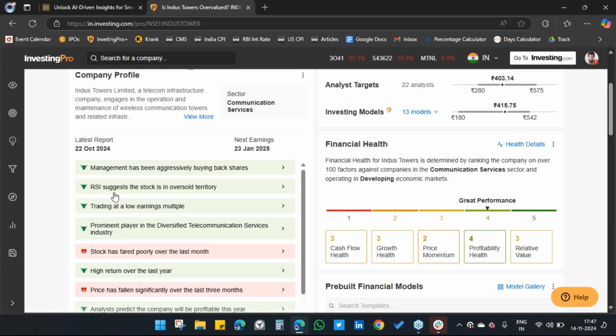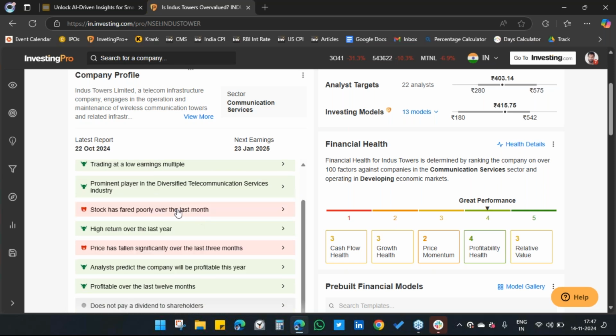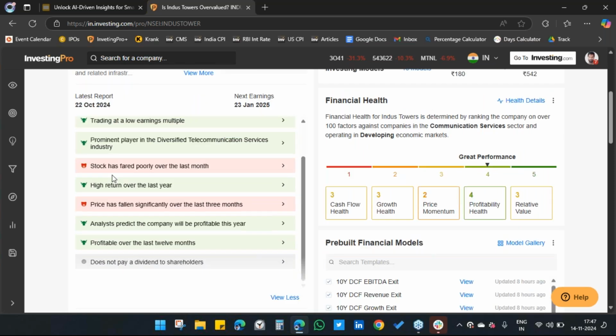So for all of this, you don't even have to manually dig into the charts or the management's policy of share buybacks, everything. Then trading at low earnings multiple, prominent player. Now here it says the stock has fared poorly over the last month, in the red box with a bear sign.